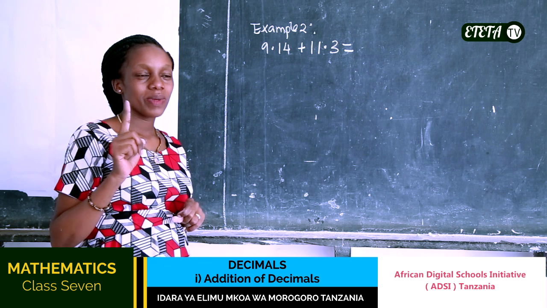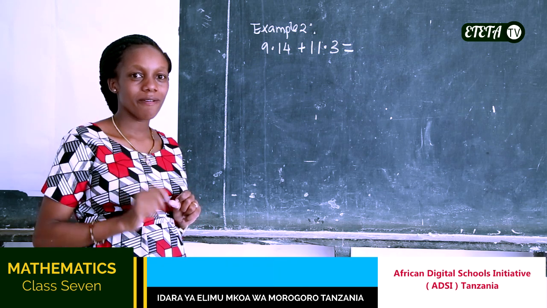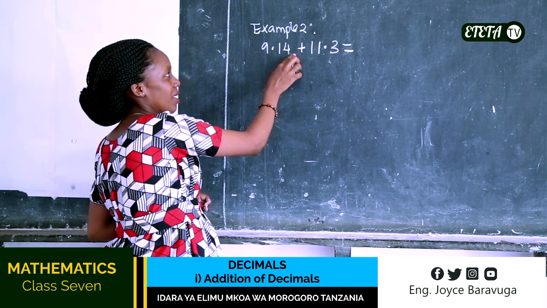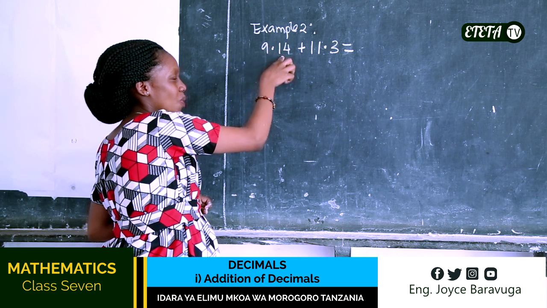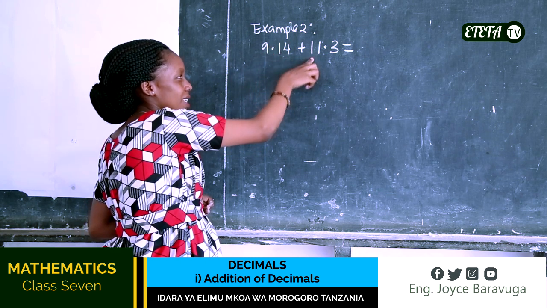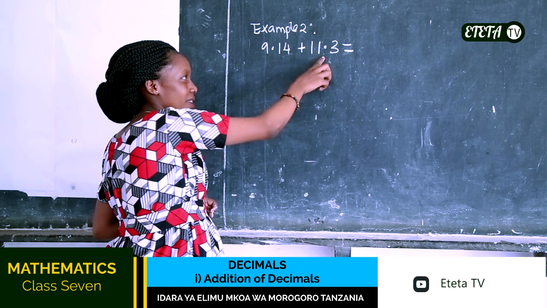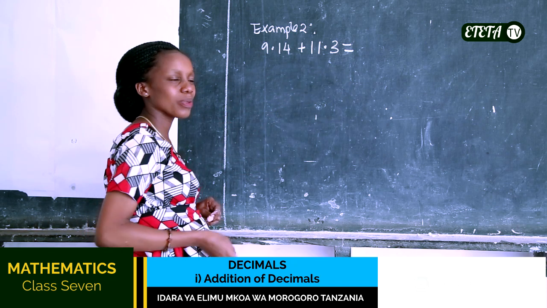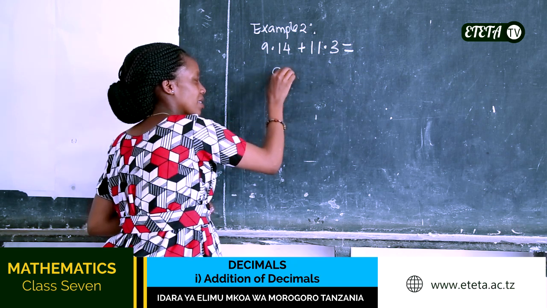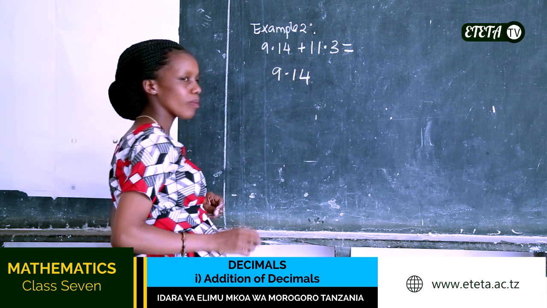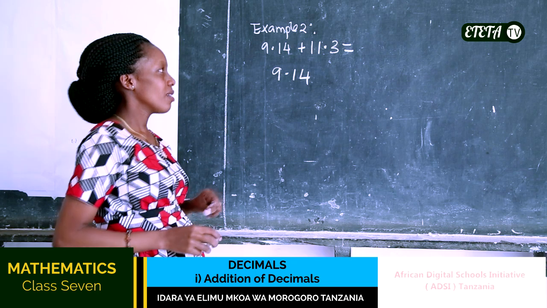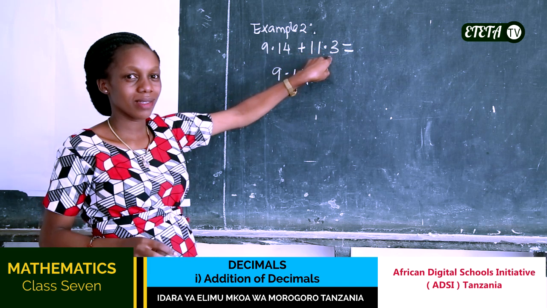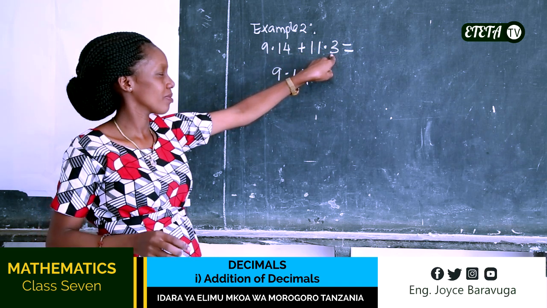Remember that the first step is to arrange the numbers in column form. Here the first number is 9.14 plus. The second number is 11.3. Therefore, we are going to start with 9.14, then followed by the second number, 11.3.